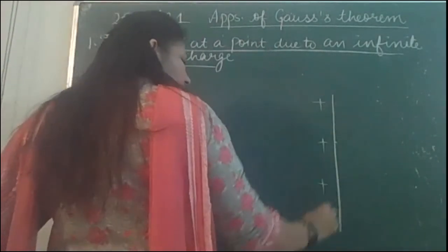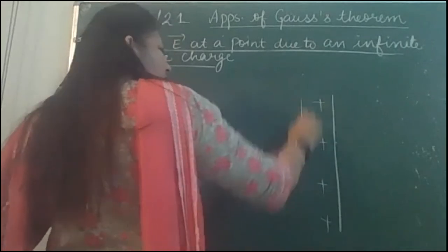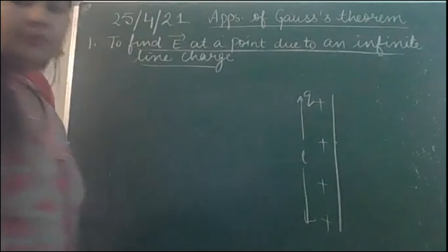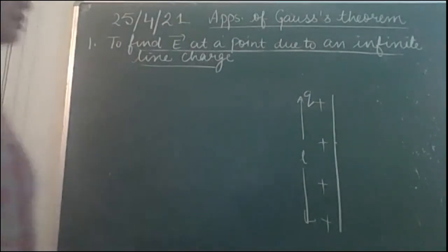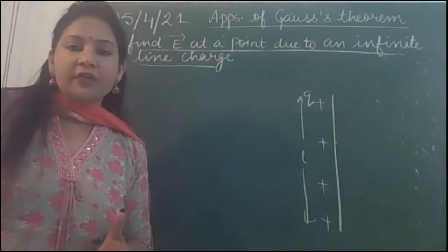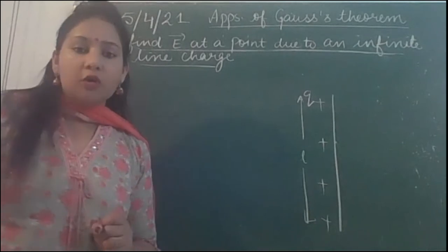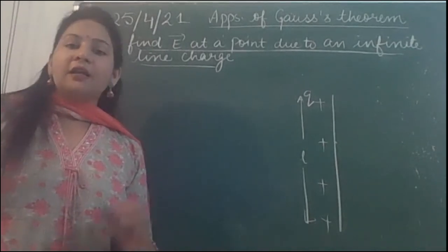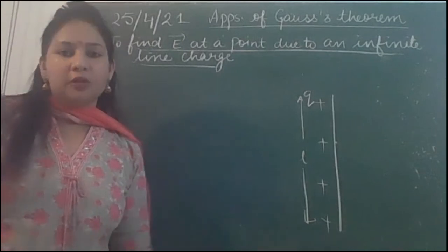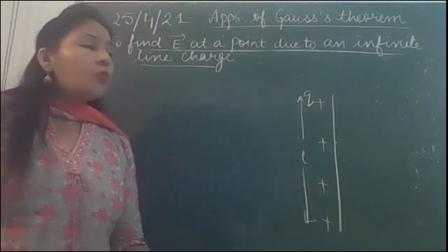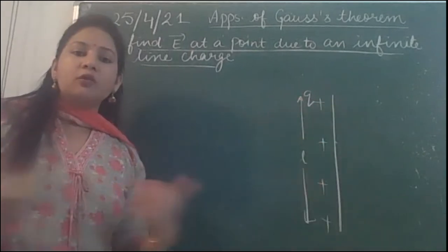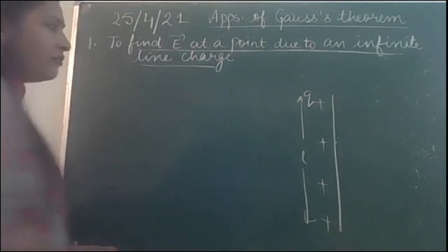Charge is distributed over a length L, suppose the amount of charge is Q. Then I told you what type of Gaussian surface we can imagine. By definition, what is a Gaussian surface? It is a surface at every point of which electric field is constant and perpendicular. So what kind of surface can we imagine that is perpendicular to this line charge everywhere?